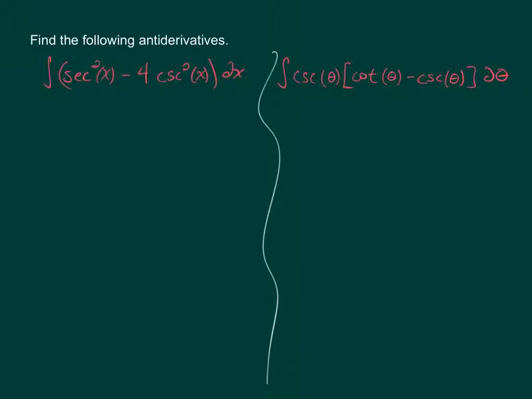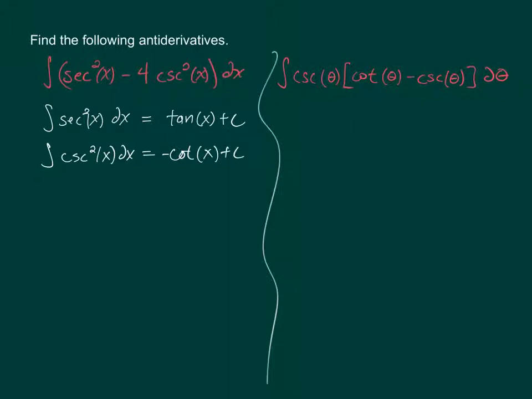You'll have to remember that the integral, or the antiderivative, of secant squared x dx is tangent of x plus c, and that the integral of cosecant squared x dx is negative cotangent x plus c.